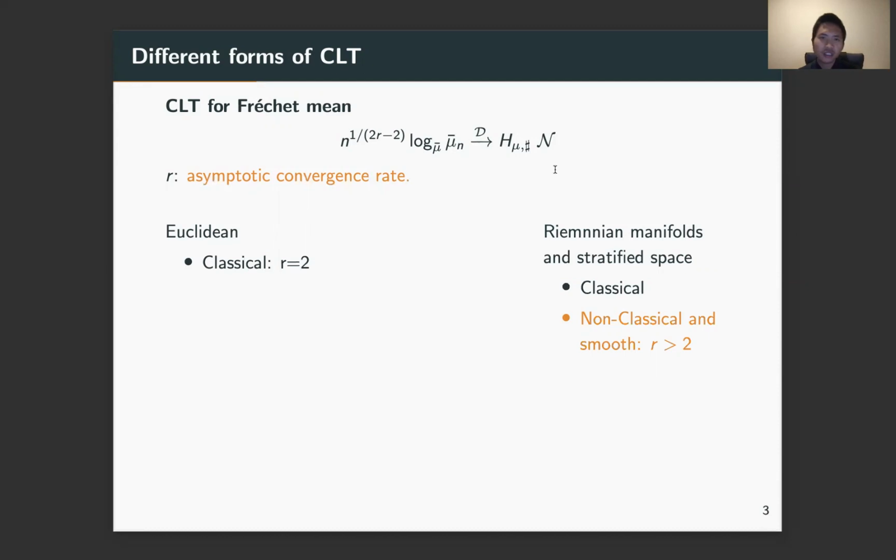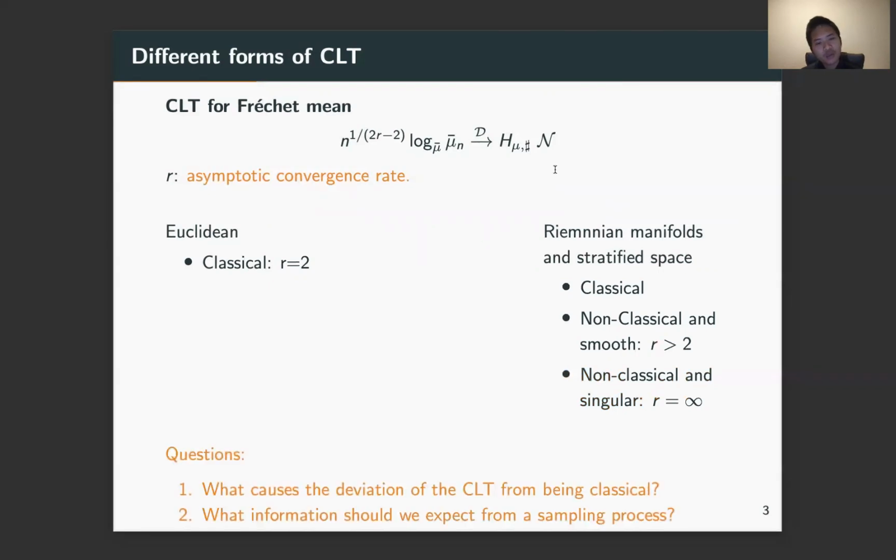And H is not the identity map anymore. Or we also have a non-classical case where we cannot define r, because H will collapse everything into a single point. So the distribution on the right will be a single point, and mu n bar will be at the population mean mu bar after some large n. So there's no rescaling here.